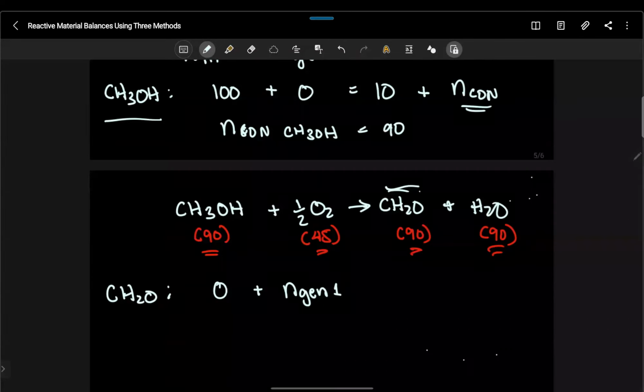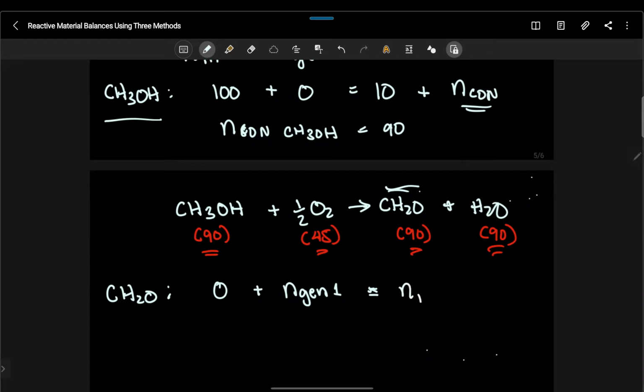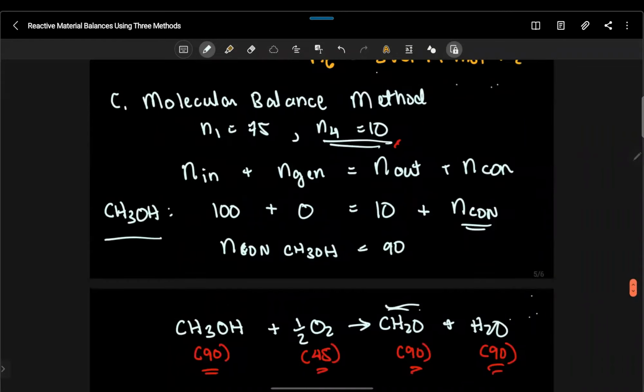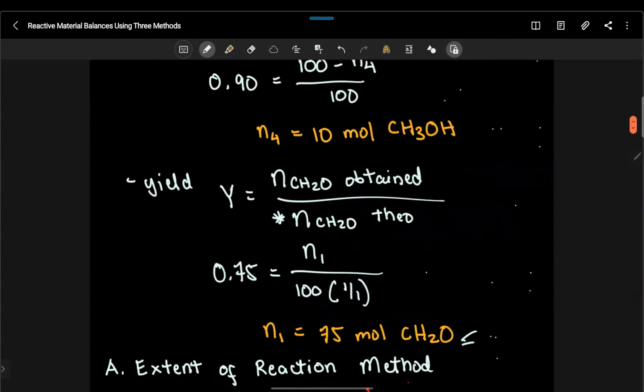Okay? Equals output ni formaldehyde. Ano ba yung kanyang symbol? Di ba? N1 yung binigyan natin sa kanyang variable. Okay? Plus consumption ni formaldehyde. So meron ba yan? If you check the saan na ba yun?